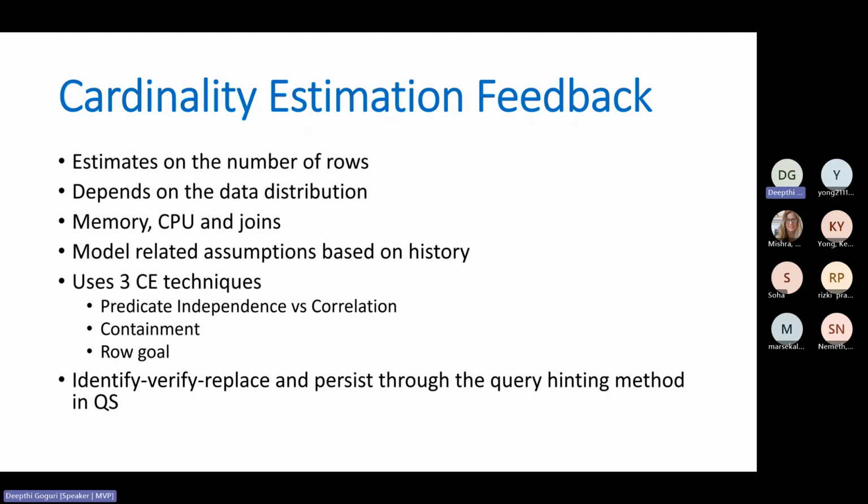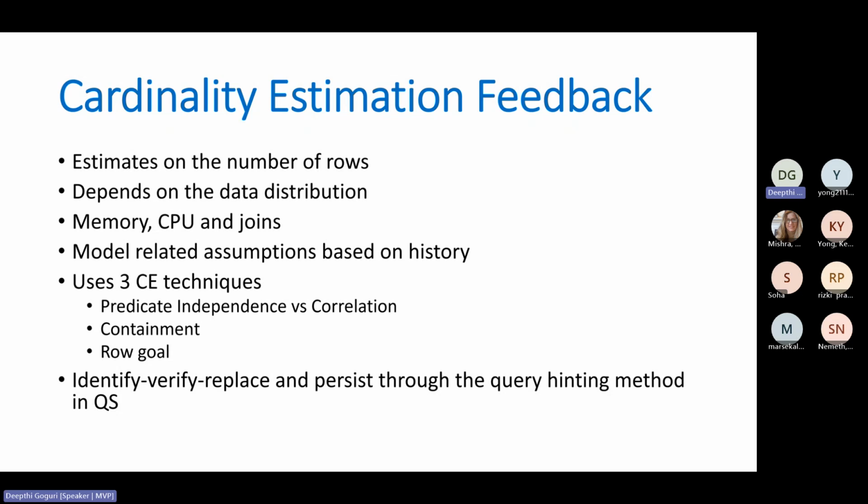In some cases, it will also use the query hinting method. It will automatically update the query hints to use that cardinality estimate, and whenever you run that query, it will automatically use that hint.